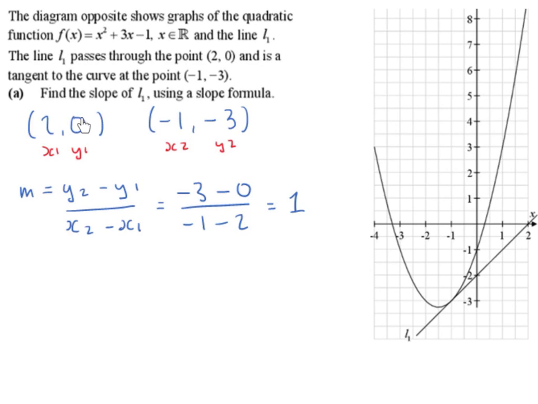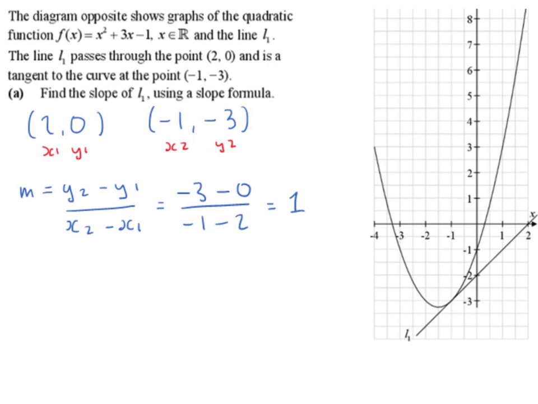So we know that these 2 points are definitely on the line. So we label them x1, y1, x2, y2. And our slope formula from our formula tables is m equals y2 minus y1 divided by x2 minus x1. So the m represents slope.